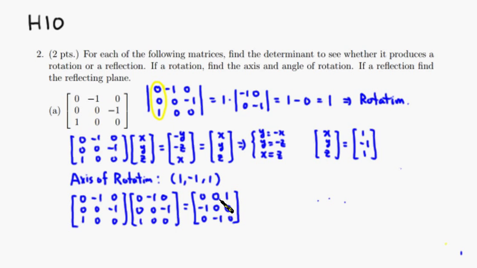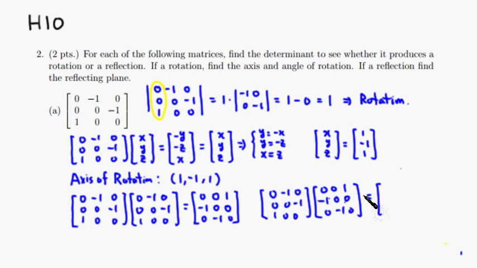Then we multiply by another copy of the same matrix and see what happens. I'm going to copy the 2-rotation matrix: 0, 0, 1, negative 1, 0, 0, 0, negative 1, 0.